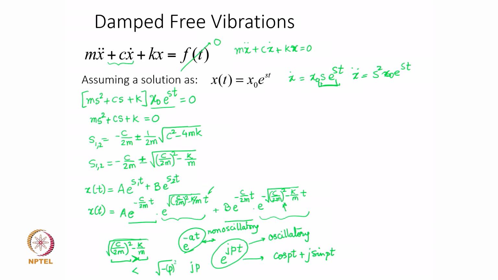So, whether the ensuing free vibration response will be oscillatory or non-oscillatory will be governed by the relative numeric values of these two terms, c over 2m with respect to k over m.